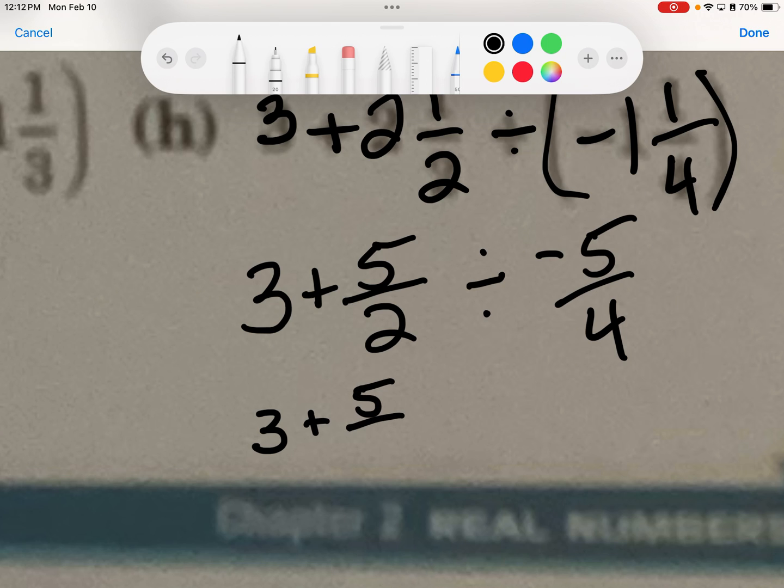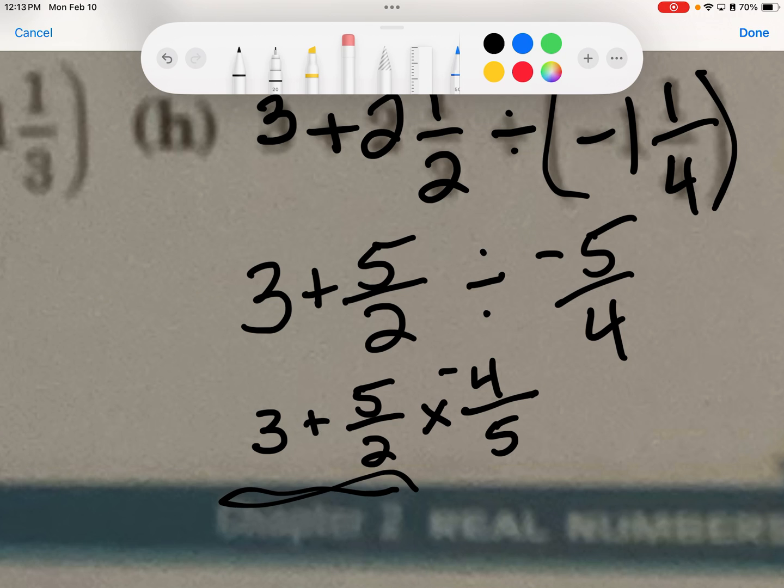And then you cross out the 4 and the 2, and you get 1 and 2. And then you cross out the 5 and the 5, and then you get 1 and 1. Now, why am I not doing this part first? Because PEMDAS: parentheses, exponents, multiplication, division, then addition and subtraction. So we have to deal with this side first.